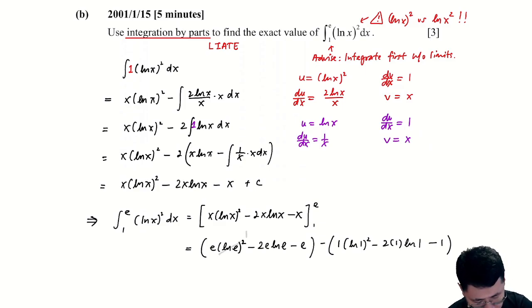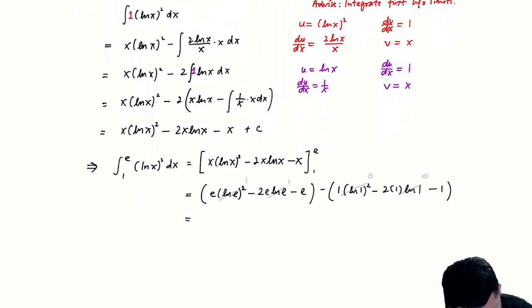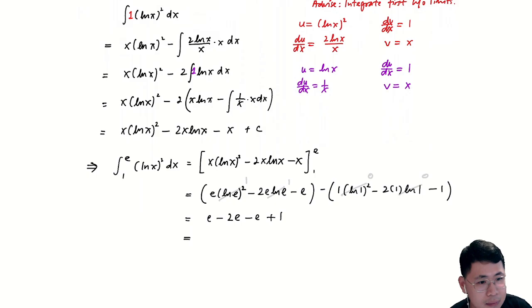So ln e is 1, ln e is 1, ln 1 is 0, ln 1 is also 0. These are simple results that we need to know. So with all this in mind, we have e minus 2e minus e, then we have a plus 1. Okay, sorry, my mistake.